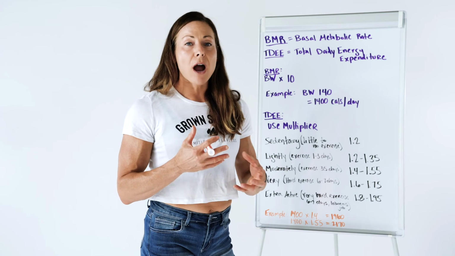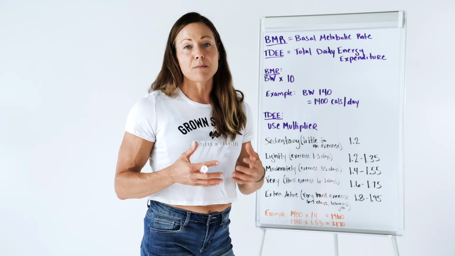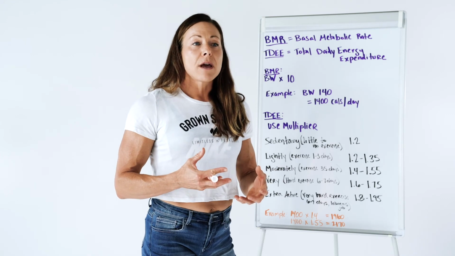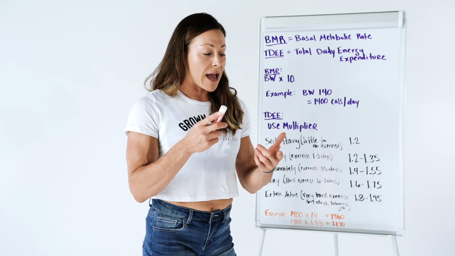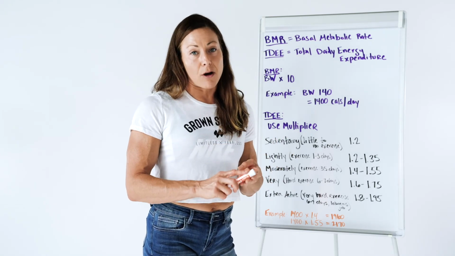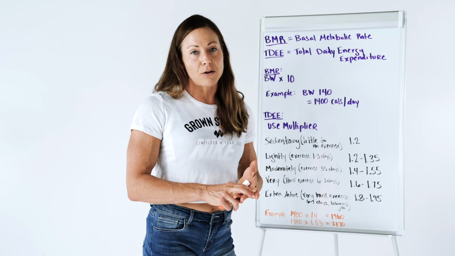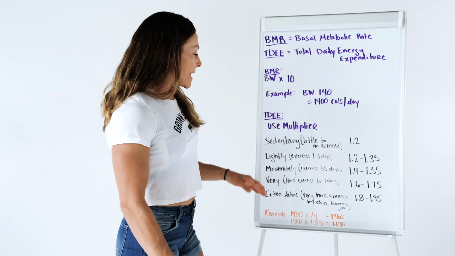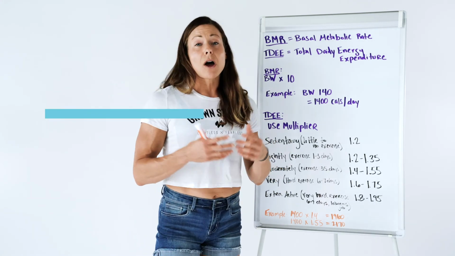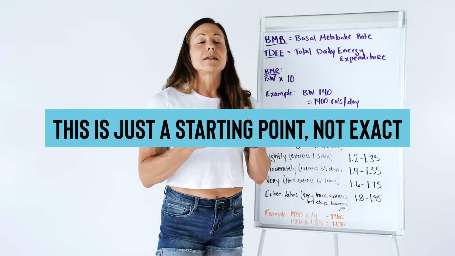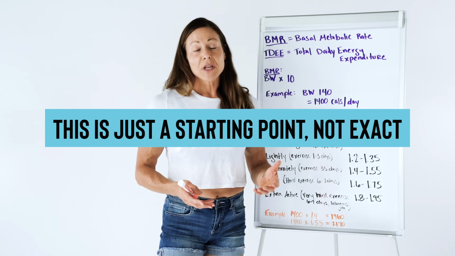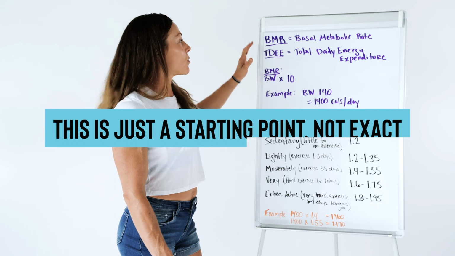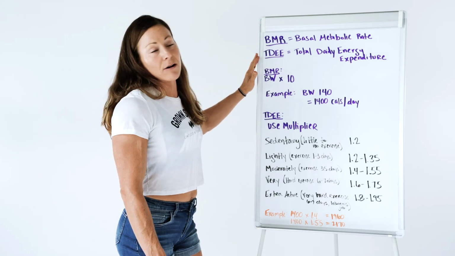This is where I would decide if this is my maintenance and stay here for a little while as you start determining if you have good energy, if you're seeing body composition change, if your performance increases. These would be your starting points, okay? And again, this isn't 100% exact, but this is a nice way that you can get started. So I hope this helps you get started on finding out your BMR and your total daily energy expenditure.